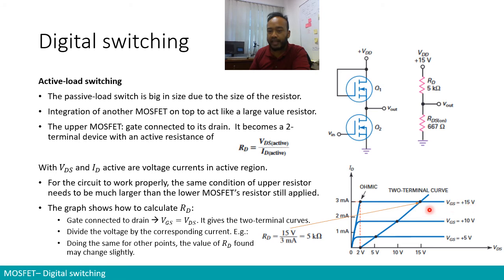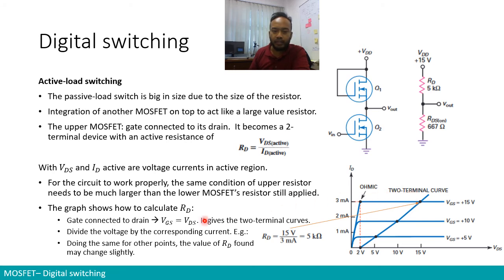So 15 VGS, 15 VDS, that's one point. Then we do the same for all other VGS. If VGS is 10 volts, then we find the point where our VDS equals 10. That's another point, and another point. These points will be connected. If you make a line using this VGS equals VDS equation, you will get this line that we call the two-terminal curve.